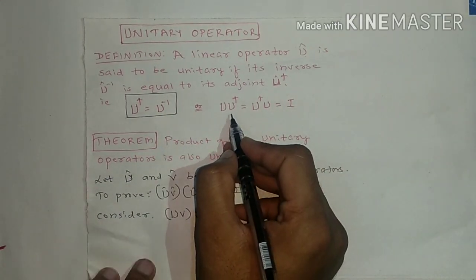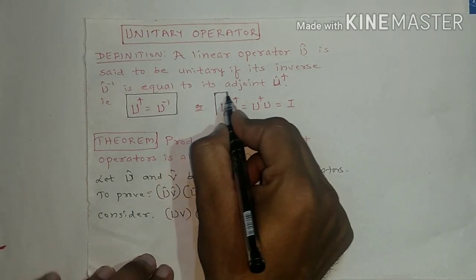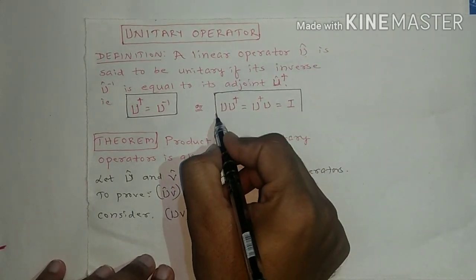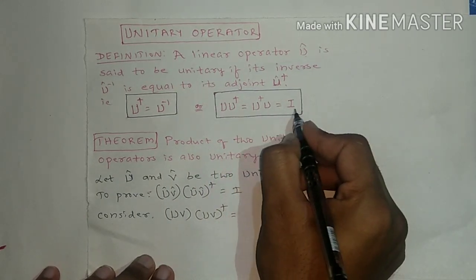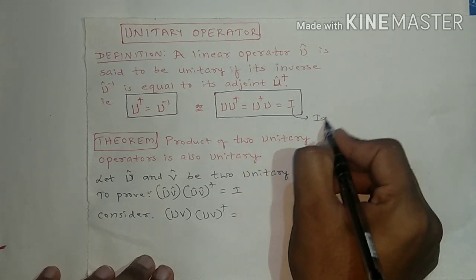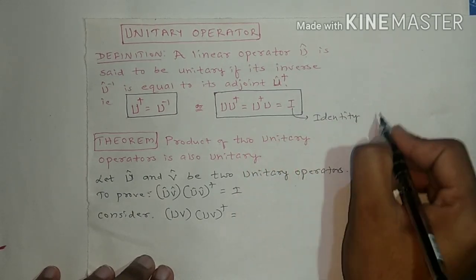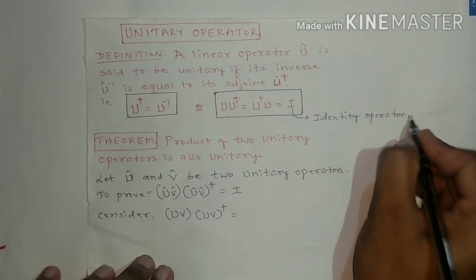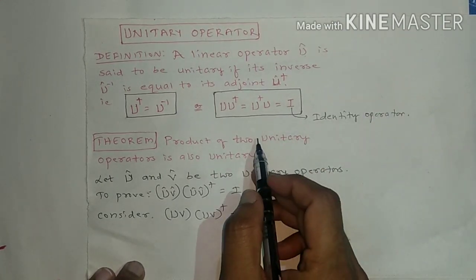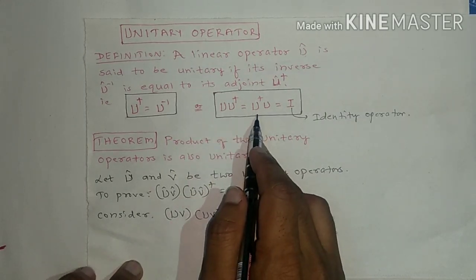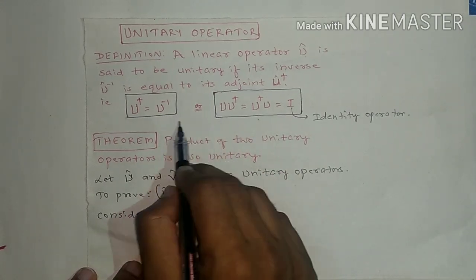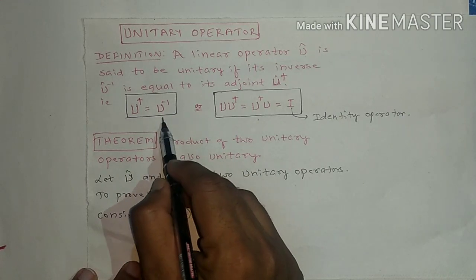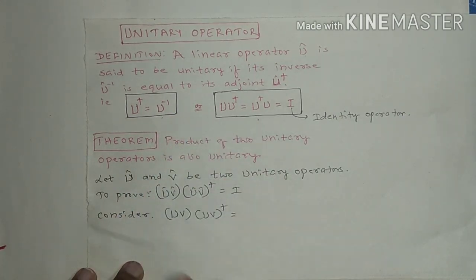There is one more condition: U U dagger, or U dagger U, will be equal to the identity operator, where I is the identity operator. These are not separate conditions; from one we can get the other. If any operator satisfies either condition, then that operator is called a unitary operator.